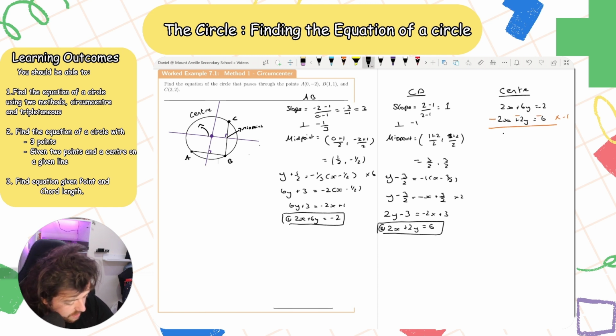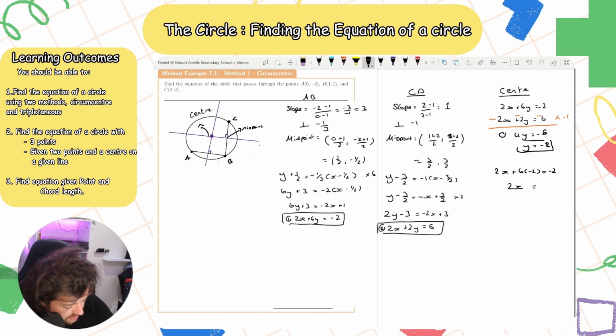Add them up: 4y is equal to -8. My apology, that's -8, not -4. And then y is equal to -2. I have 2x plus 6 times -2 is equal to -2.